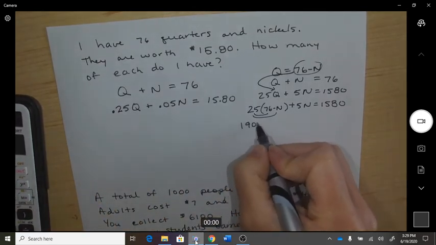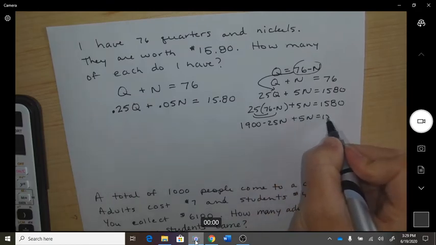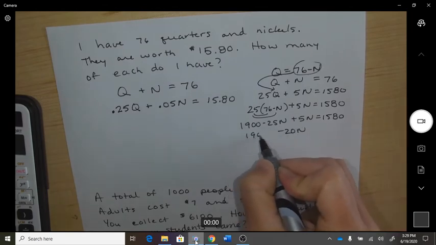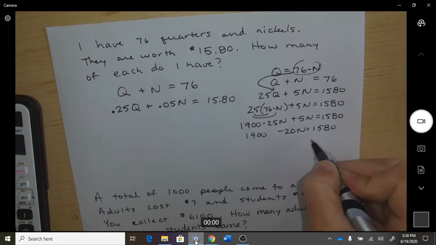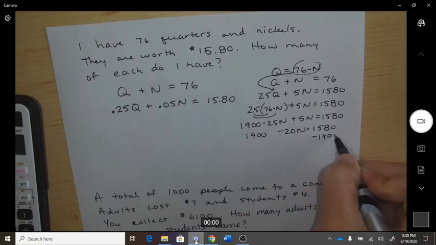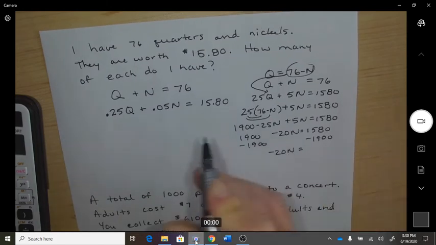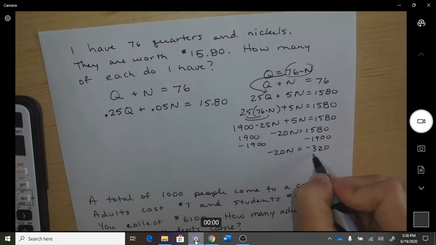So 1900 minus 25N. So that's negative 20N. And if I subtract 1900 from both sides, I get negative 320.